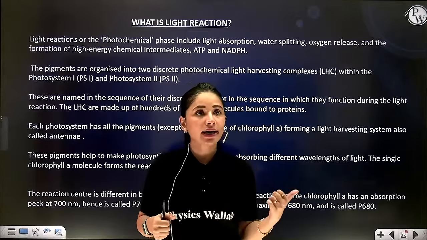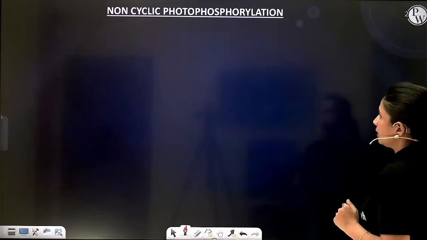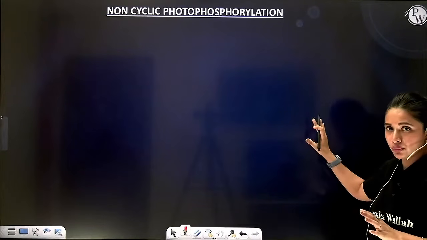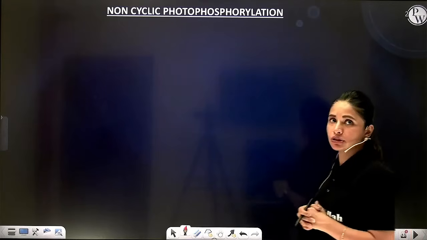Correct? So how can we represent a photosystem? Let's check it out. Okay, so now here I'll show you the diagram of photosystem and then we will try to study the details of light reaction.